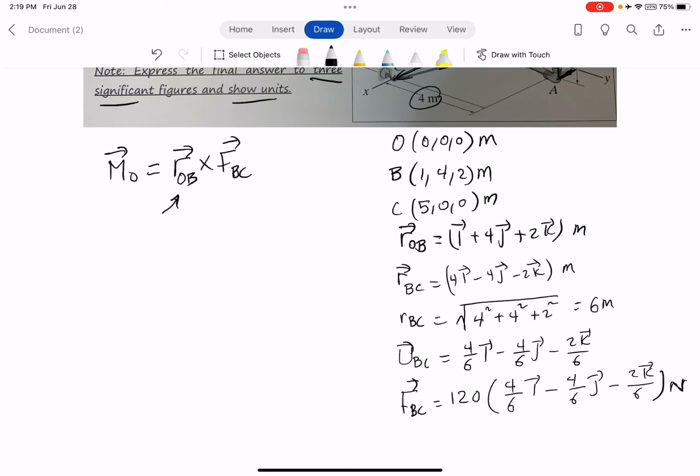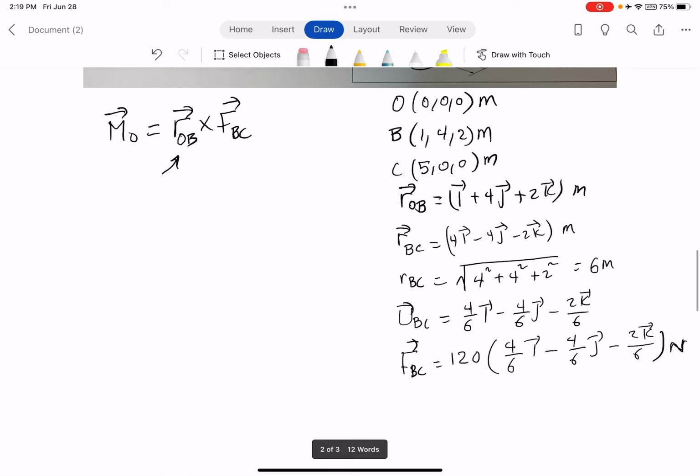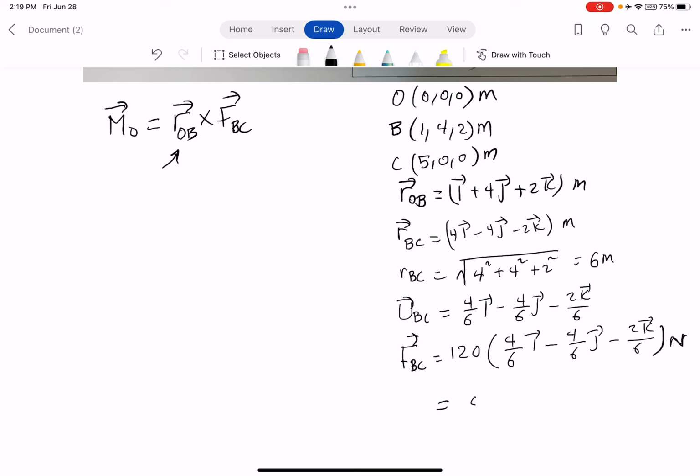Okay, so now we found the force. Of course, 120 over 6 is 20, times 4 is 80I. 120 over 6, also 20, times 4 is minus 80J. 120 over 6, 20, 20 times 2 is 40, minus 40K, and the whole thing is in Newton.